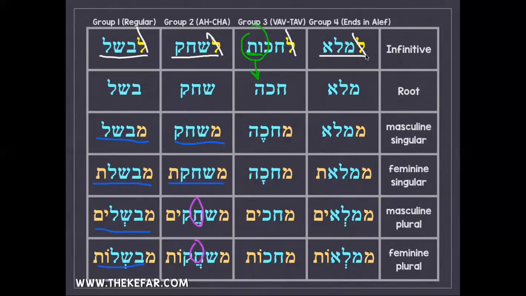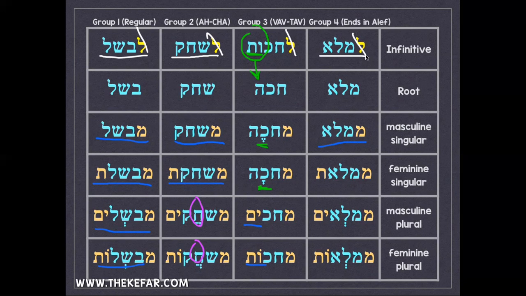And then the vav tav group is different because it ends in the hey for the masculine singular and the feminine singular. So mechake and mechaka, same exact spelling, it's just a difference in the vowels. And then mechakim and mechakot is similar to our regular groups. And with group 4, we have memale, which follows the sound pattern that we have for mesachek in group 2 and mevashel in group 1.